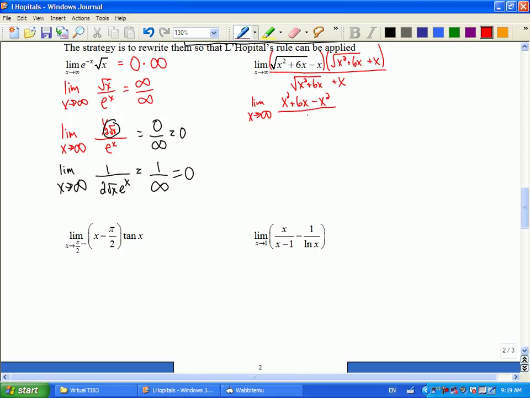And on the bottom, I'm going to have root x squared plus 6x plus x. So I'll have 6x over root x squared plus 6x plus x.